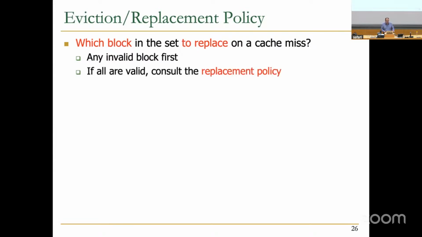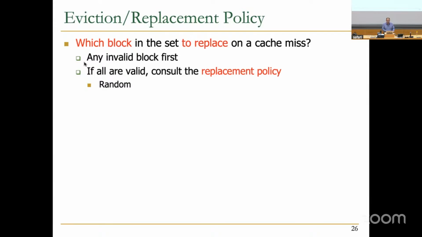But of course, if all are valid, then we need to consult the replacement policy, which tells you which block you need to evict in order to make room for the block that you want to insert.